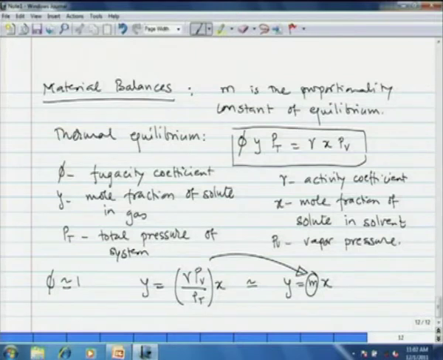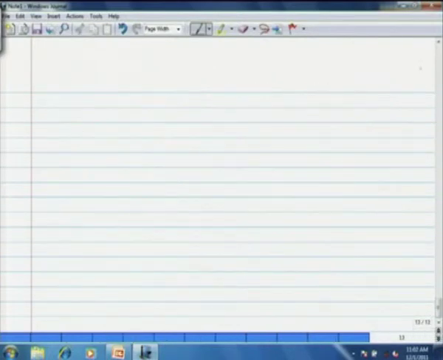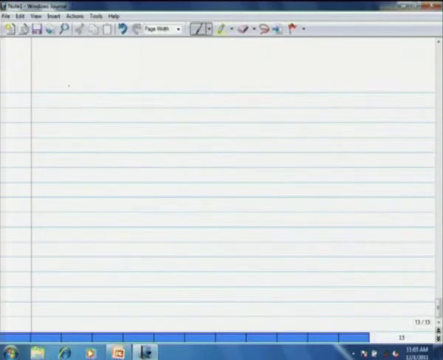Now, let us try to determine the value of m in the present case. For simplicity, we assume no recycling of water at present. Okay. We will assume that water is being fed continuously to the process, fresh water.